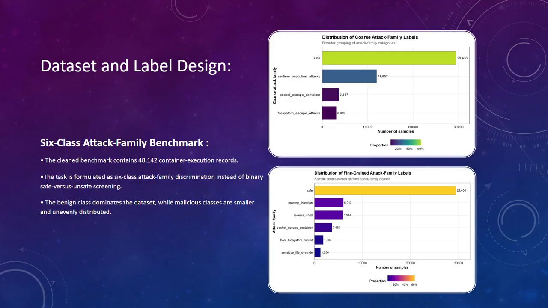And the dataset and label design, which was proposed in the previous slide, the diagram shows how we did that. We actually constructed two different solutions for that. One of them is the coarse attack family labels, which include safe, runtime, socket, and file system escape attacks.